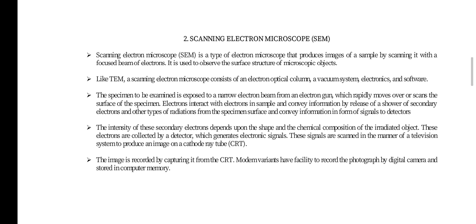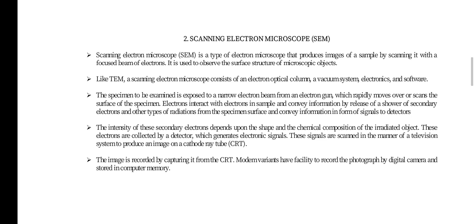Like the transmission electron microscope, a scanning electron microscope consists of an electron optical column, a vacuum system, electronics and software. And the specimen to be examined is exposed to a narrow electron beam from an electron gun which rapidly moves over, or scans, the surface of the specimen.